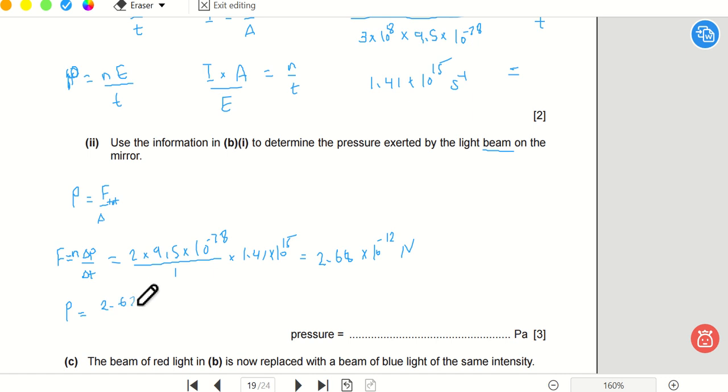We have to divide this value by area. So we get the final answer as 1.07 times 10 to minus 6 pascal.